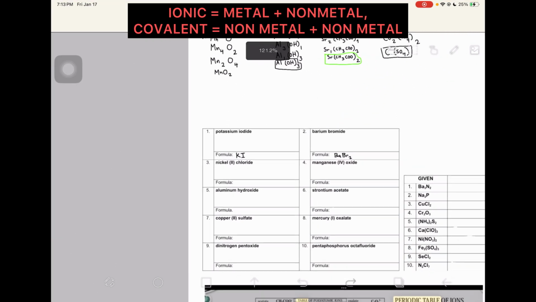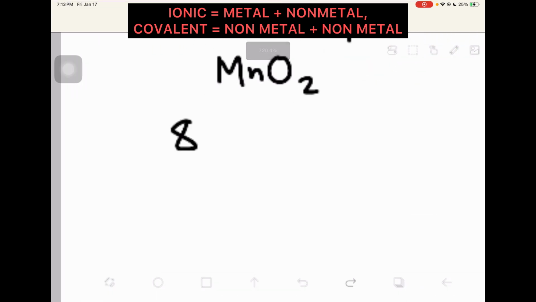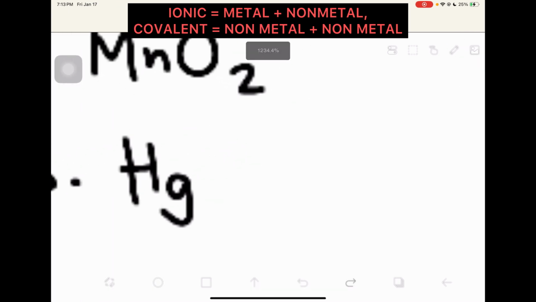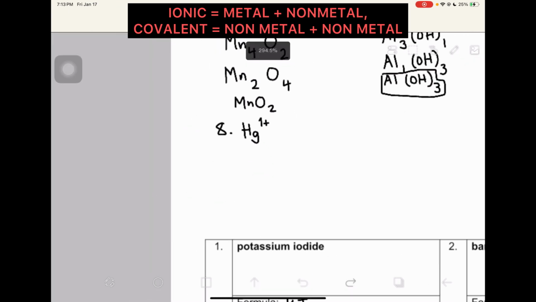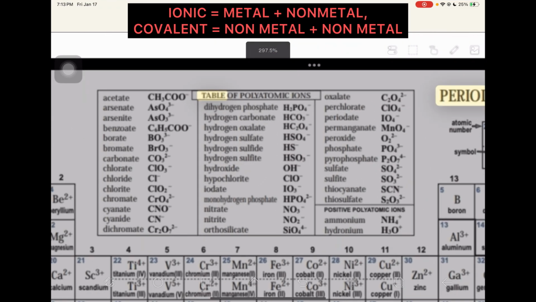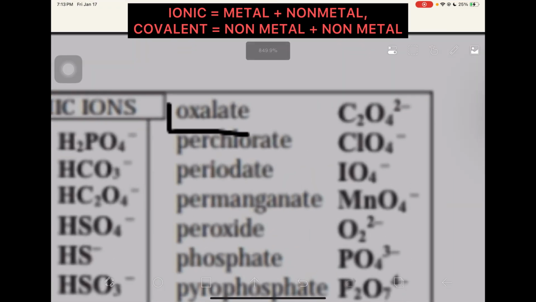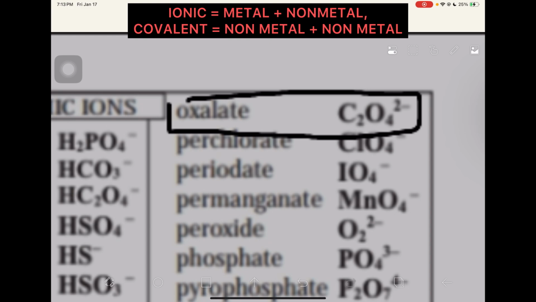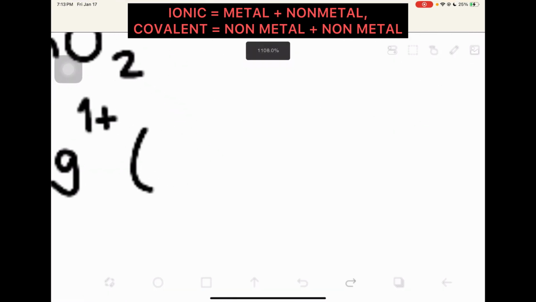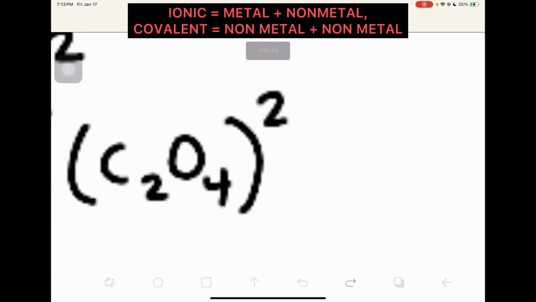Number 8, mercury 1 oxalate. So we got Hg from mercury and then 1 plus from the 1. Then we find oxalate, which is over here, C2O4 2 minus. So that's in parentheses, C2O4 2 minus.